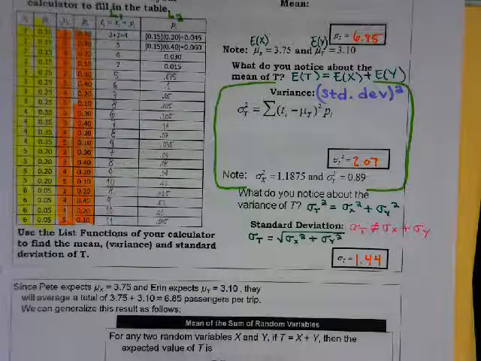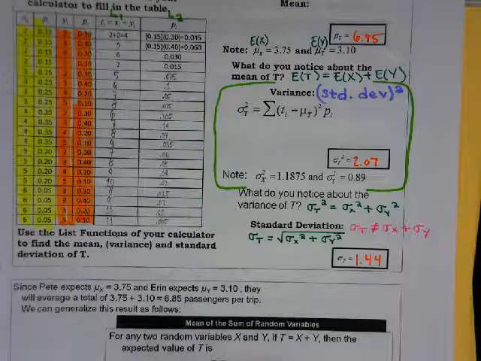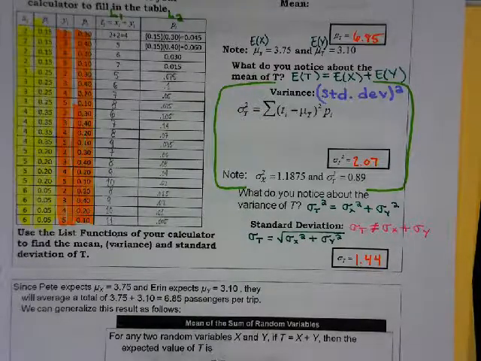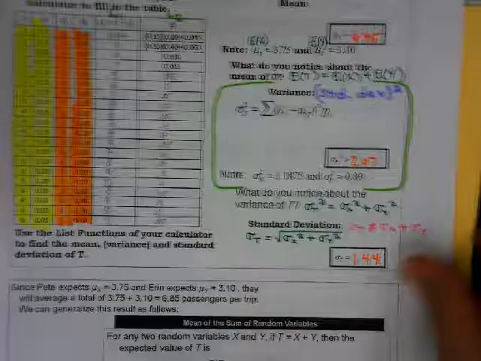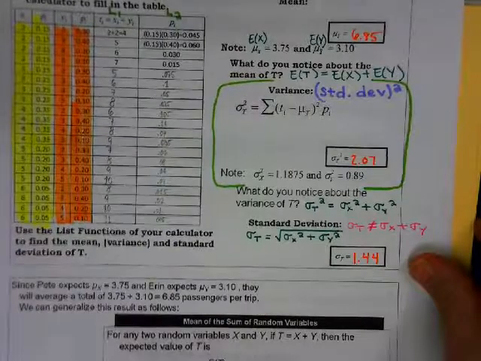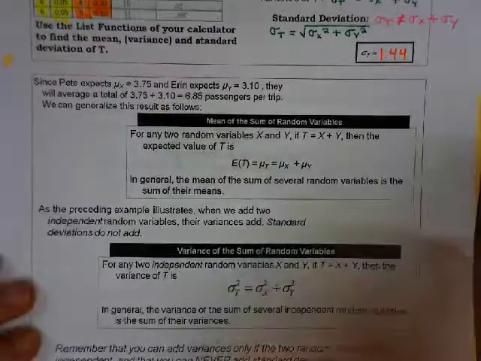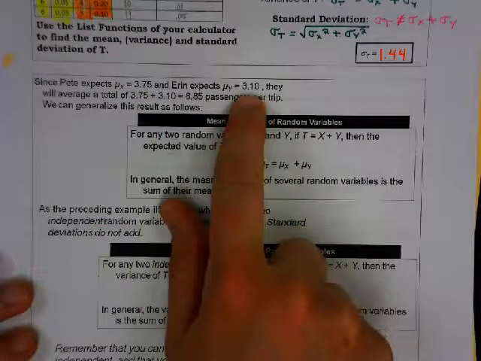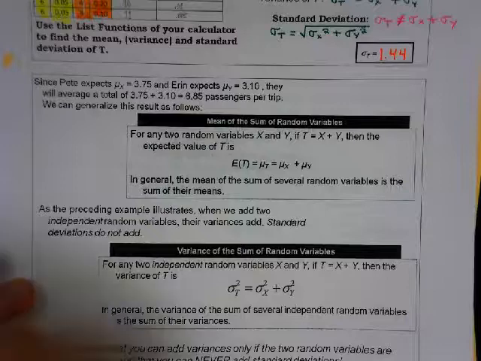So down below I have some generalizations. Pete had an expected value of 3.75. Aaron had an expected value of 3.1. So their total is 6.85 passengers per trip.